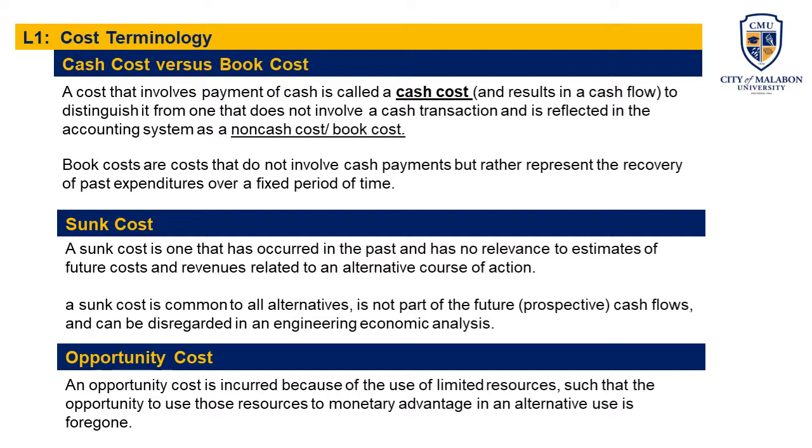Next cost terminology is opportunity cost. An opportunity cost is incurred because of the use of limited resources, such that the opportunity to use those resources to monetary advantage in an alternative use is foregone. So, consider a student who could earn, let's say, $20,000 for working during a year, but instead, this student chooses to go to school for a year and spend $5,000 for his education.